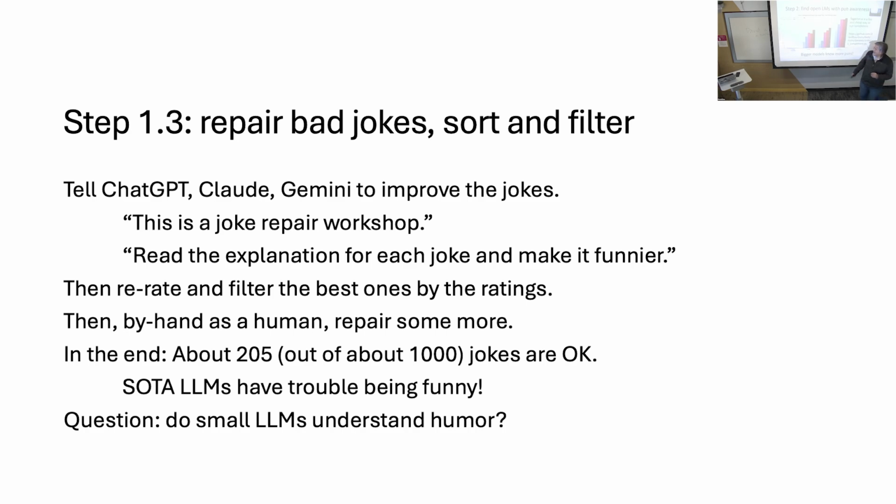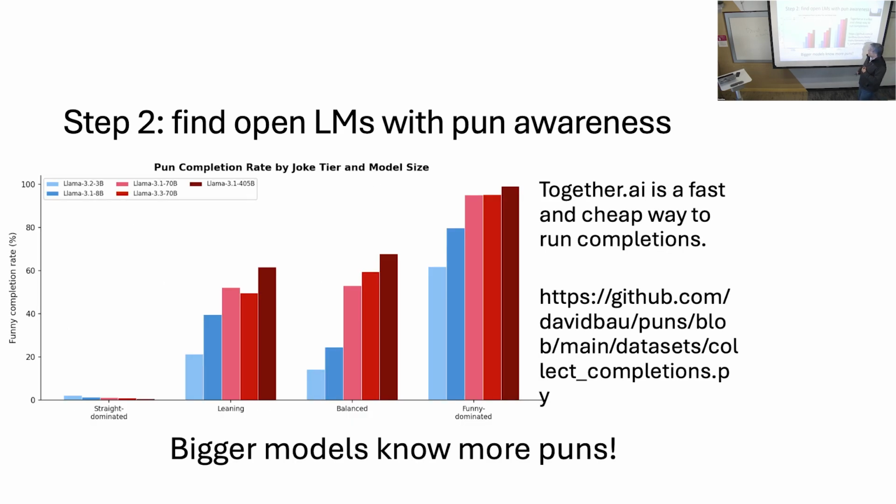Okay, so the next step is we need to study these jokes in models where we can look on the inside of them. Like, we're not going to study ChatGPT because OpenAI is not going to let us look inside the ChatGPT model. So I was like, let me test all the different models and see which one.